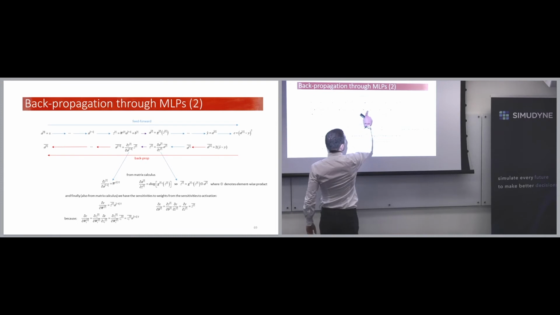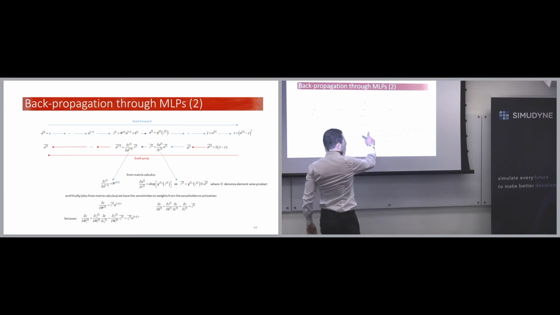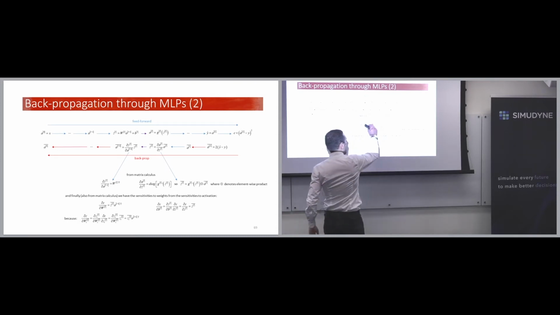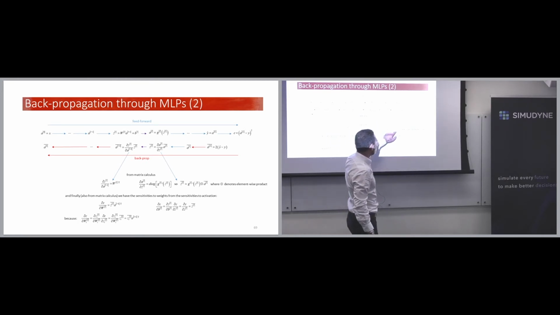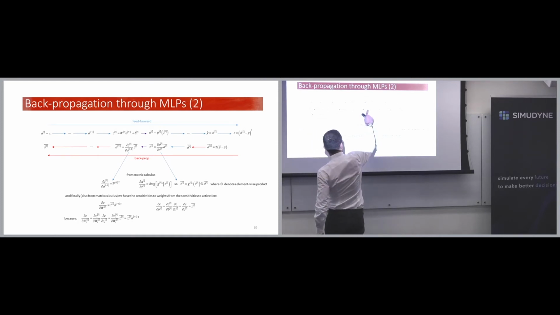So at the end, this adjoint of ZL will be this diagonal matrix times the adjoint of AL, which is a vector that I know. A diagonal matrix times a vector gives the diagonal elements of the matrix element-wise multiplied by the vector. That's something that you can convince yourselves of. Okay? So that gives us the adjoint of ZL.